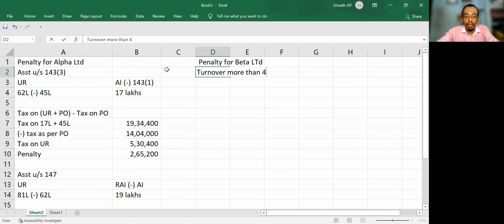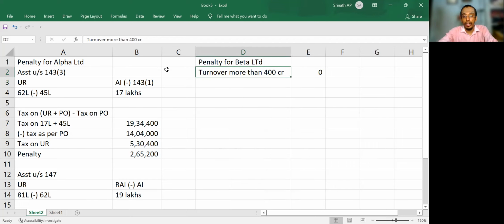Turnover is more than 400 crores, so the rate of tax would be 30 percent. But this is the case of a loss return, so we have to accordingly treat that loss.